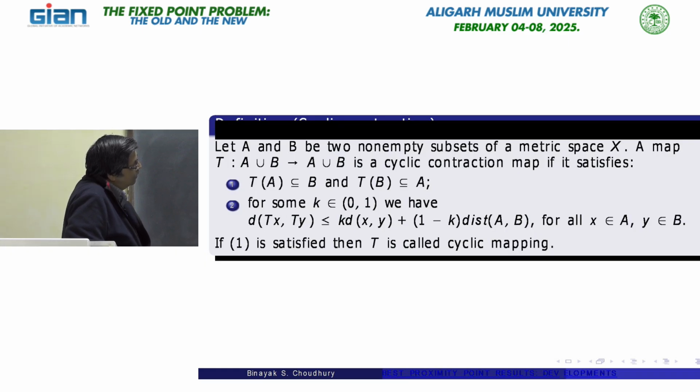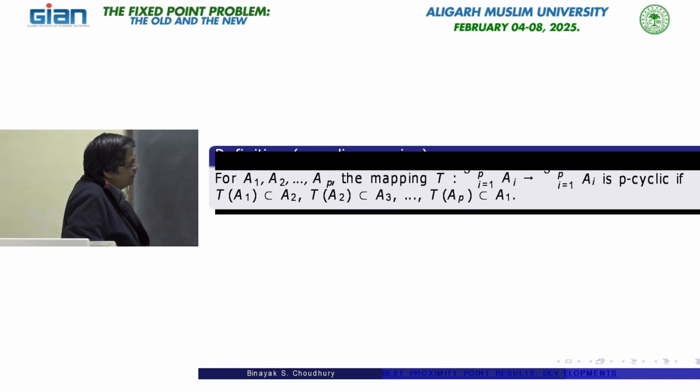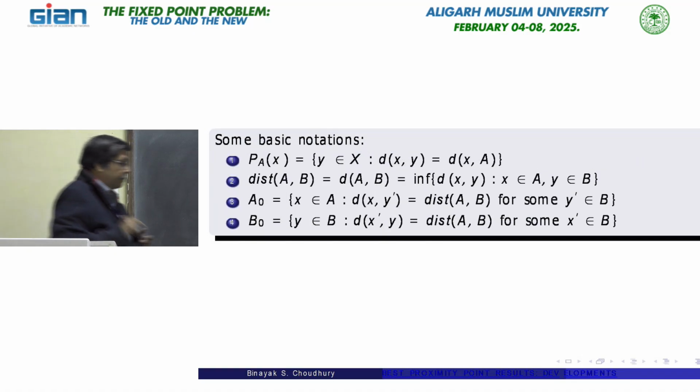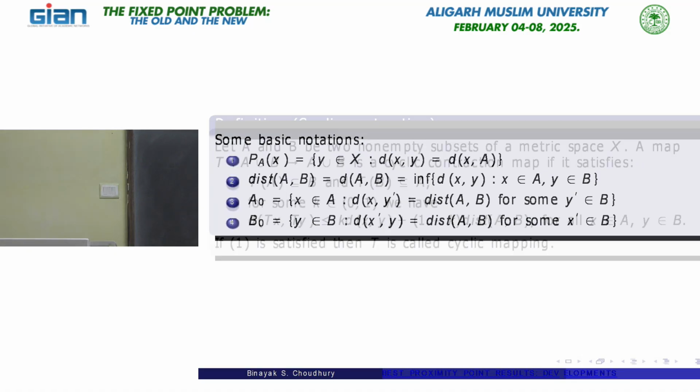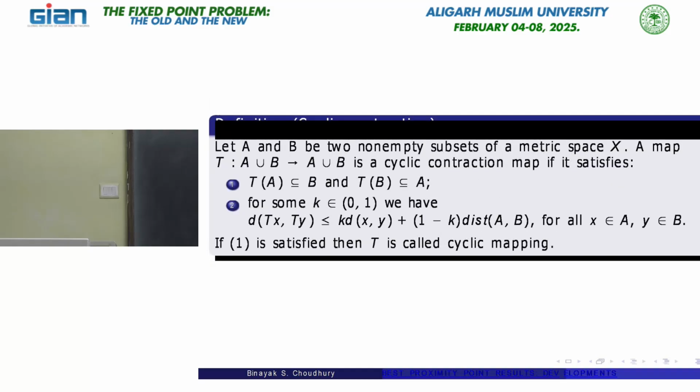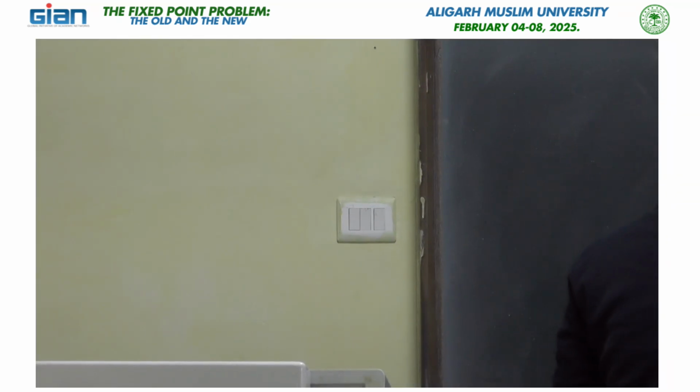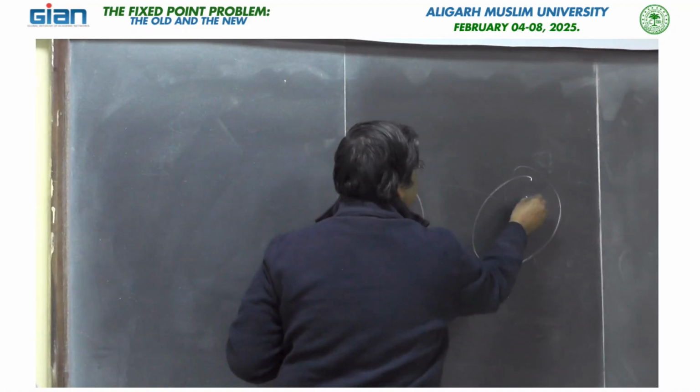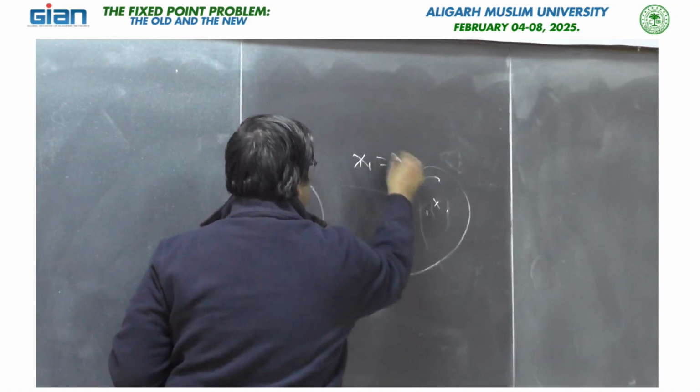Then the construction is like this: x_{n+1} is equal to T x_n, then d(x_n, T x_n) tends to the distance of A and B. That is something to be noted here. Suppose this one is one set and this one is the other set. We begin with x0, then x1 is equal to T x0.